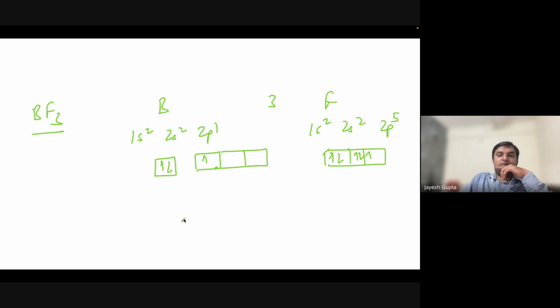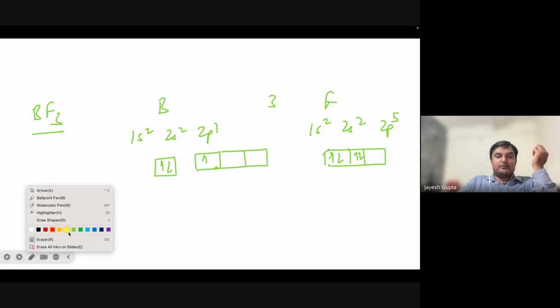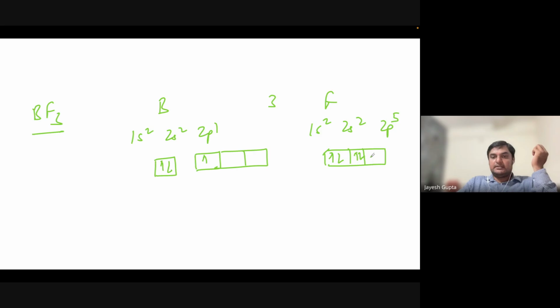Since there are 3 fluorine atoms, there will be 3 single electrons from the fluorine side. But there also have to be 3 single electrons from the boron side, then only the bond can be made. You can see there is only 1 single electron. So what to do?